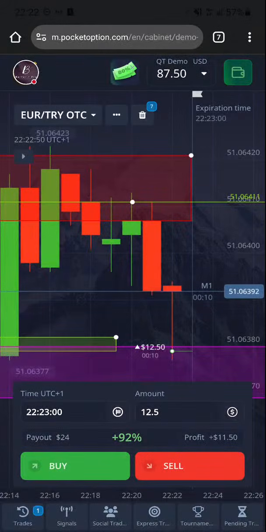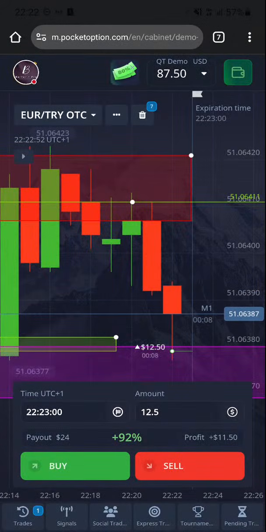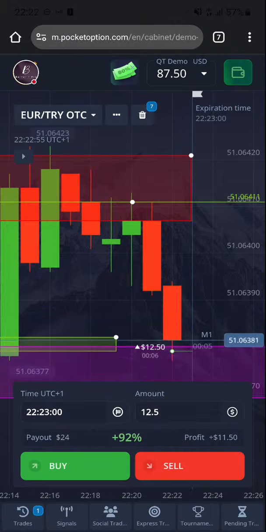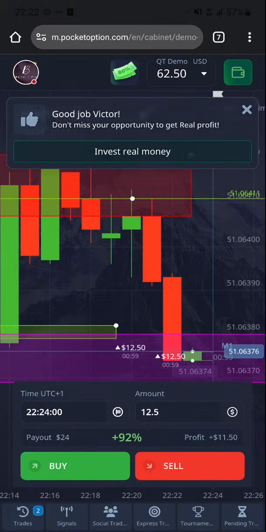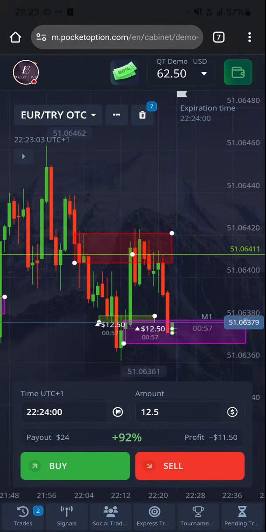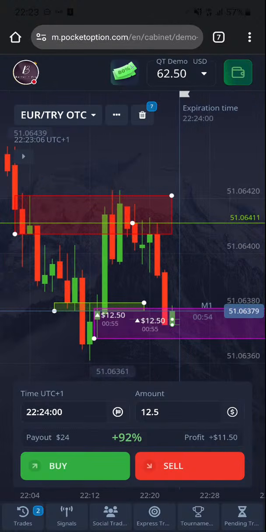We have 10 seconds left now. We may not have a green candle like that, but I'm expecting a push to the upside. Oh, in the last 5 seconds, come on. I'm going to go with the buyers again because I'm expecting that push to the upside.